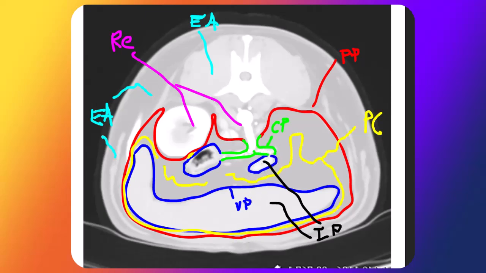That would be intraperitoneal. So again, our spaces are intraperitoneal, peritoneal cavity, retroperitoneal, and extra-abdominal space. Extra-abdominal would be outside the abdominal cavity. Retroperitoneal would be inside the abdominal cavity, but behind the parietal peritoneum.